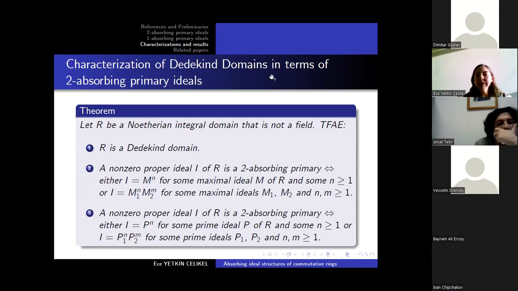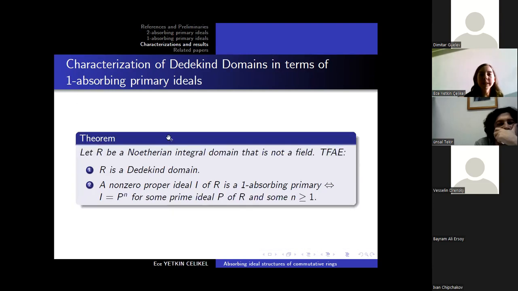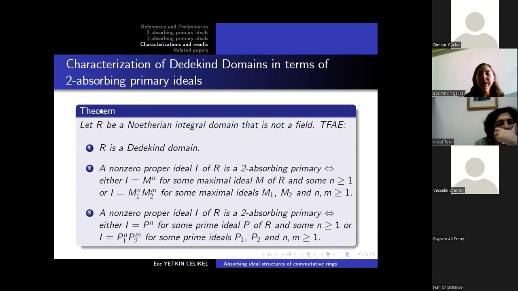And what about the characterization of Dedekind domains in terms of two absorbing primary ideals? That one was in terms of one absorbing primary, and this characterization is in terms of two absorbing primary ideals. Now we have these equivalent statements here. R is a Dedekind domain if and only if, when I is two absorbing primary, you have two cases.